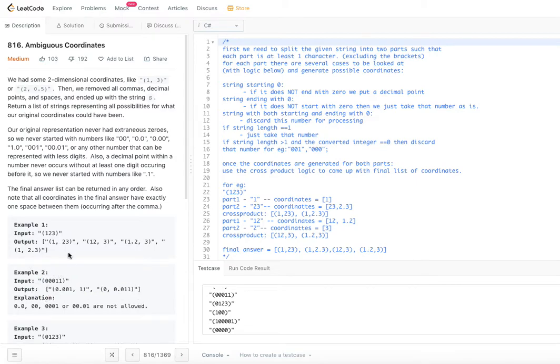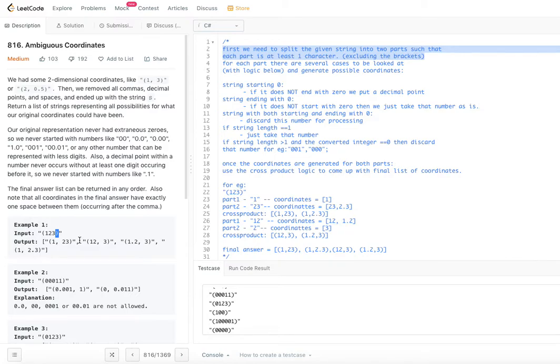So let's go look at how we are going to solve this. So first thing is, we need to split the given string into two parts such that each part has at least one character, excluding the brackets, because brackets will be there for every coordinate that we are going to represent at the end. So don't consider brackets with all the lengths that we are talking about for the description.